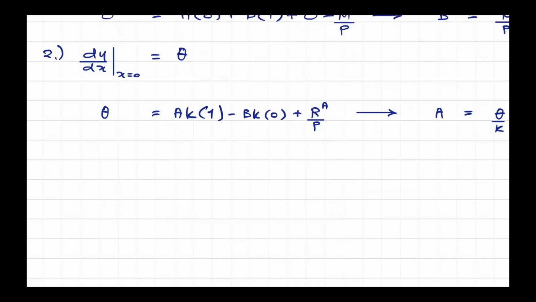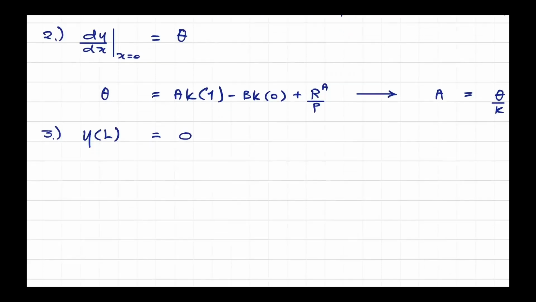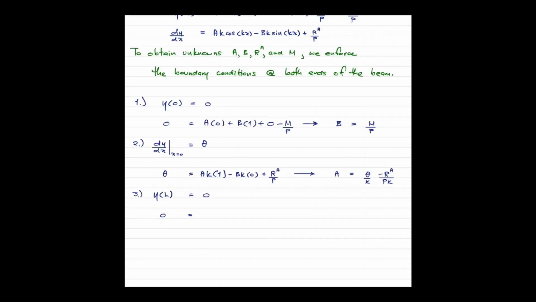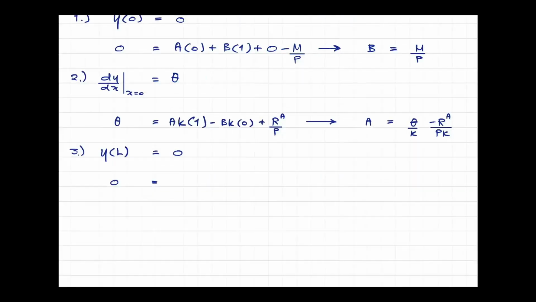The condition number 3. We have Y evaluated at L equals to 0. So we have 0 equals to A, which is theta over K minus RA over PK.